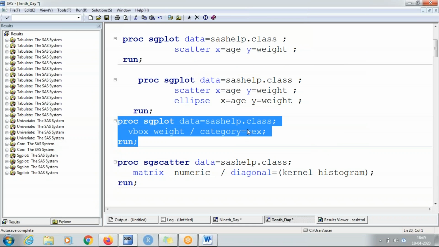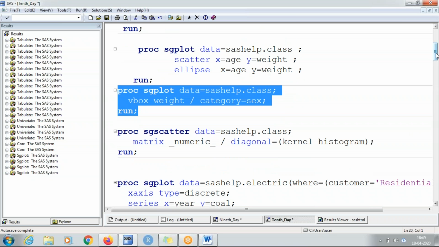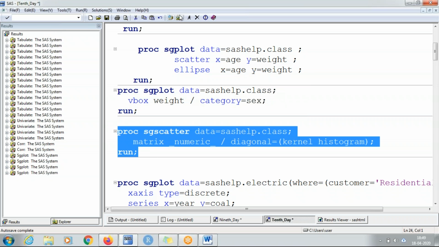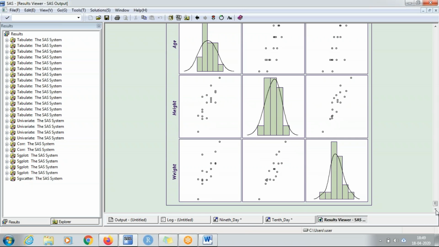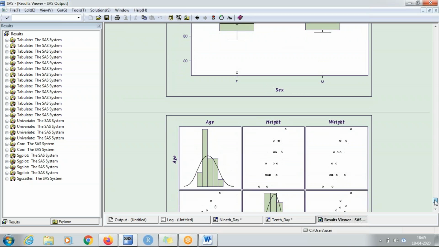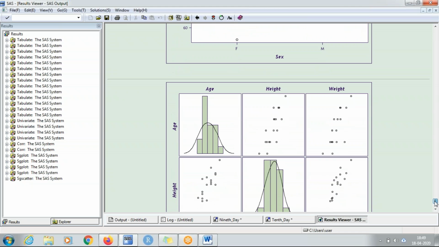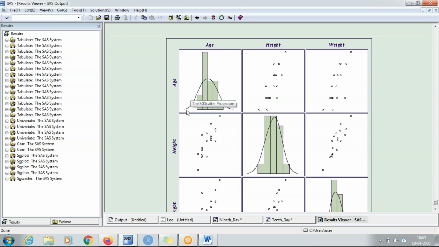All right, so few more graphs. You might have seen this matrix, right?